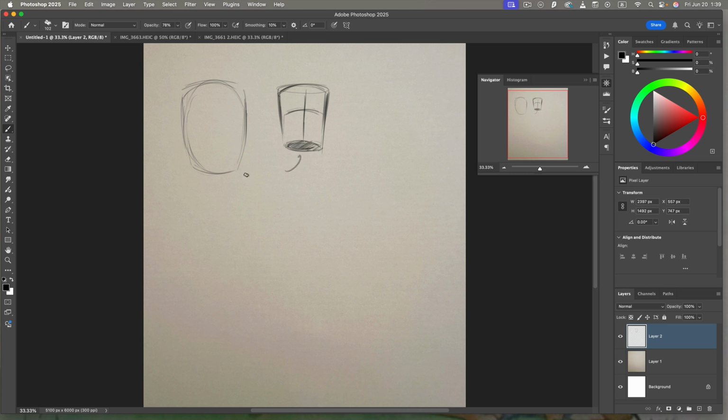It doesn't really matter if you do an egg shape, a cup, a square, a box, or even something I used to do, a sphere, and then I would drop a lower part like that. But again, the main thing is just to see this as a volume.